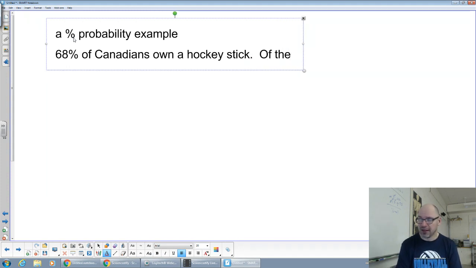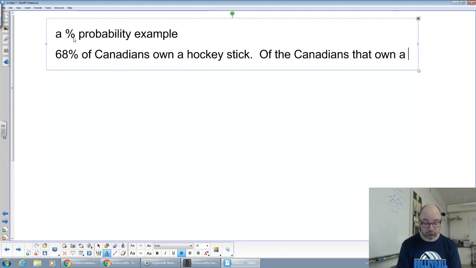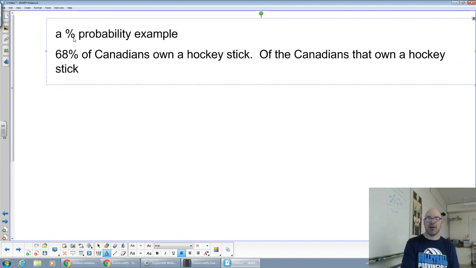Of the Canadians that own a hockey stick, so out of that 68%, 88% are carbon graphite type.